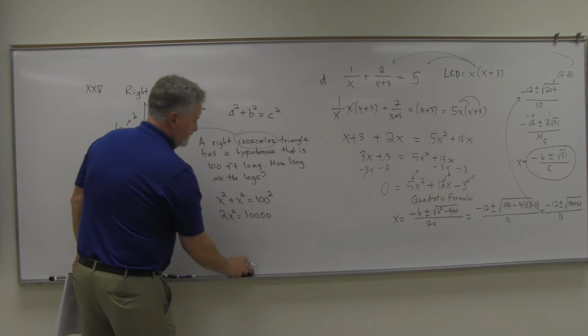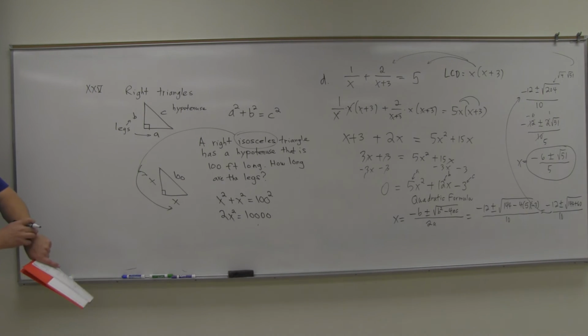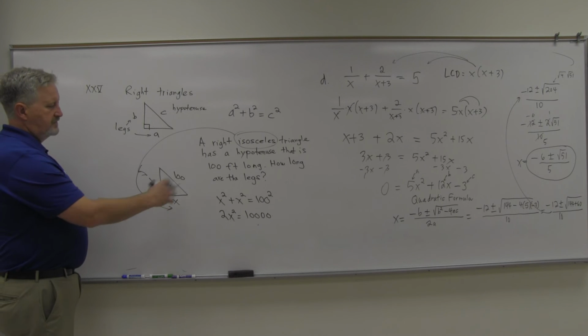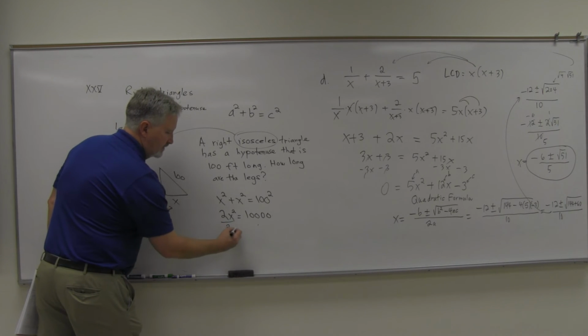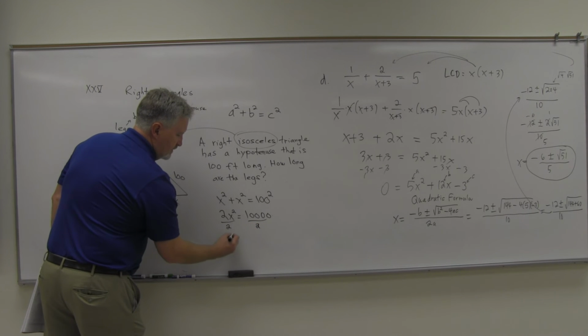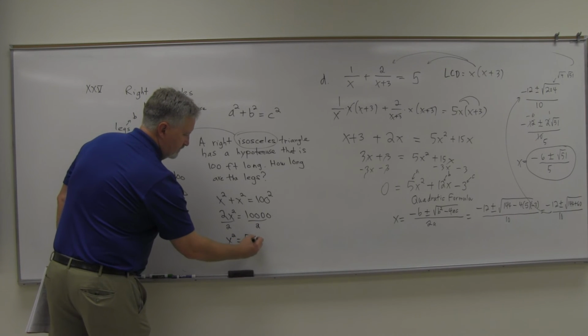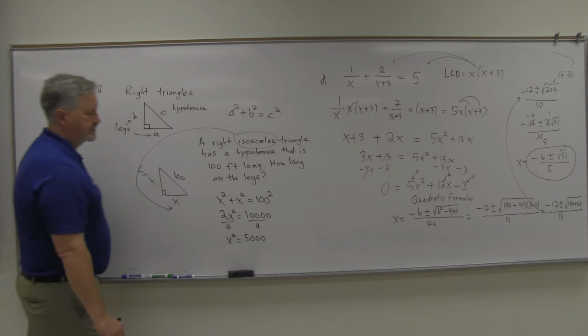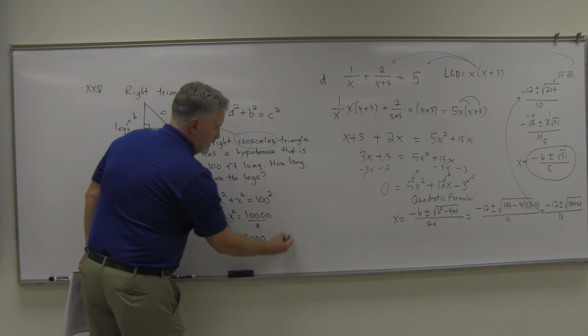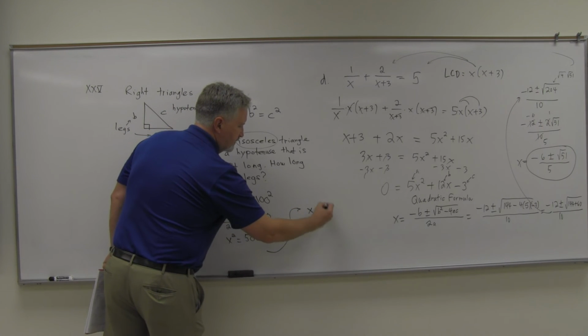Then just divide by 2 and use our square root method. We haven't used that one today. So x squared would be 5,000, so square root both sides.